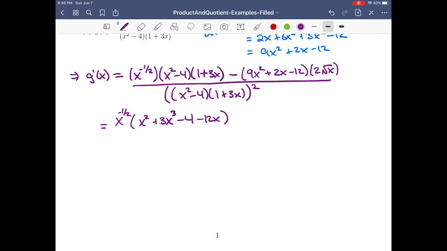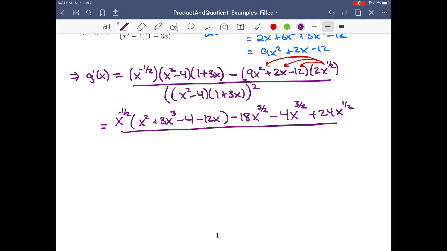And then over here, maybe I should have written square root of x as x to the 1/2, so that when I expand it in, it makes a bit more sense. I can put the exponents together. So it's going to be minus 18x to the 5 over 2, minus 4x to the 3 over 2, and then plus 24x to the 1/2.